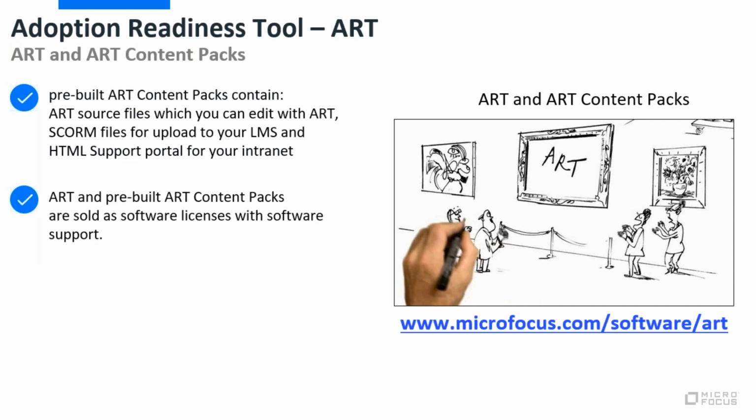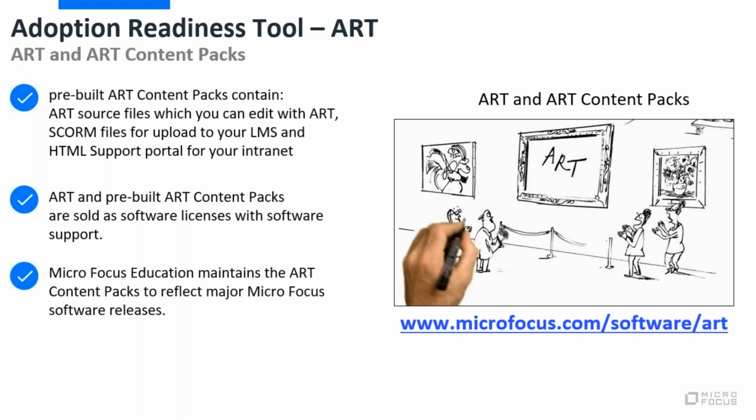The Art software and the pre-built Art content packs are sold as software licenses, including also software support. So as long as you have the software support, it means you can download also newer versions of Art, but also newer versions of the Art content packs. That's great because Microfocus Education is maintaining these Art content packs to reflect major Microfocus software releases.